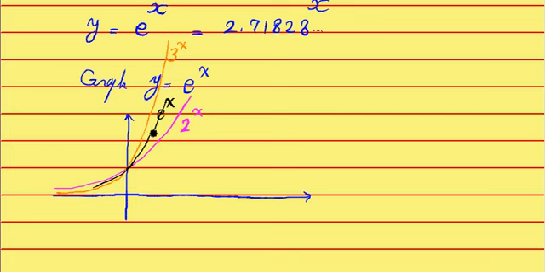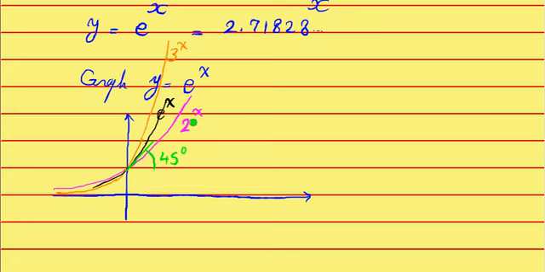We are going to single out e to the x from this bunch of functions by a peculiar property. This is the function that starts off at 45 degrees. The starting angle of this function is going to be 45 degrees. So halfway between the x and y axis, that's where e to the x takes off. That's one characteristic of it.